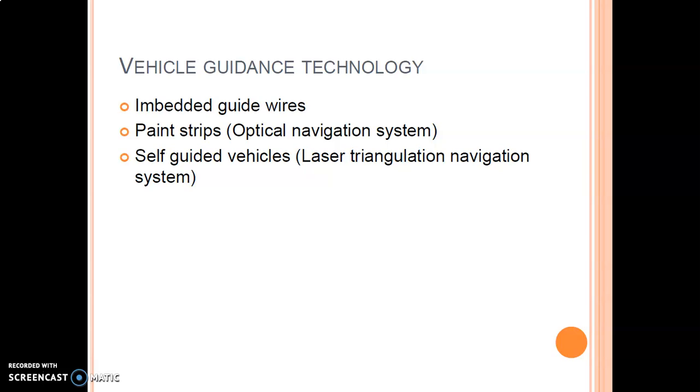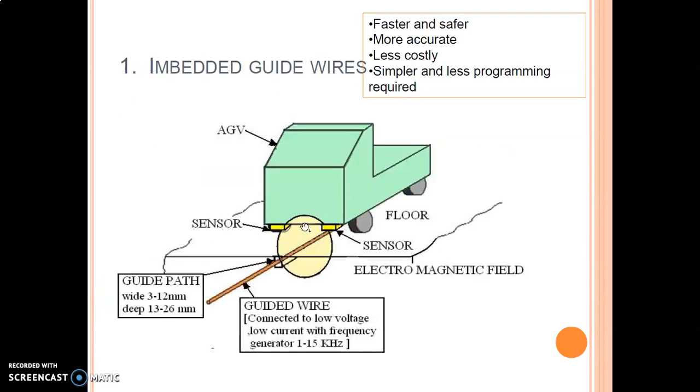So here we have three different types of technology used in the vehicle guidance system. Embedded guide wires are faster and safer, more accurate, less costly, simpler, and require less programming. These are the advantages of the embedded guide wire.